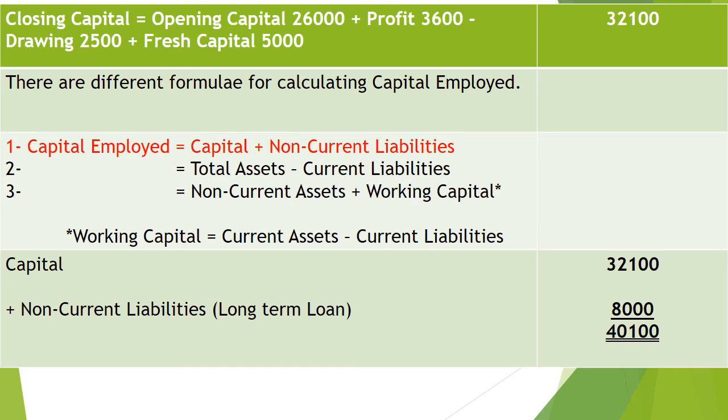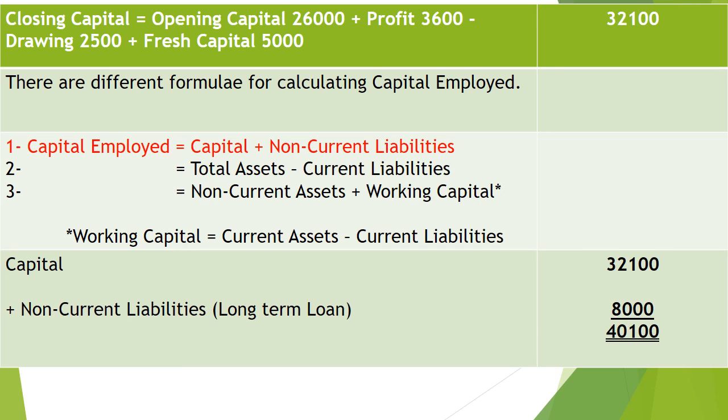Opening capital 26,000 plus profit 3,600, less drawings 2,500, plus fresh capital 5,000. Drawings will be deducted, and this will be 32,100.